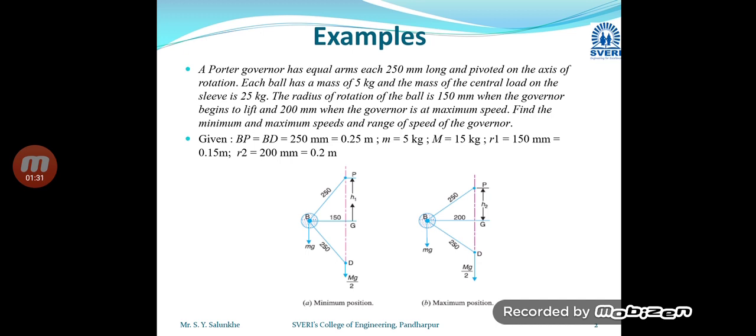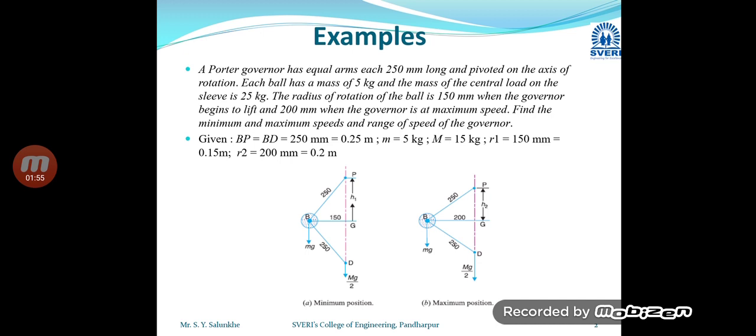Here you can see the example is given as: a Porter governor has equal arms, each 250 millimeter long and pivoted on the axis of rotation. Each ball has a mass of 5 kg and the mass of the central load on the sleeve is 25 kg.